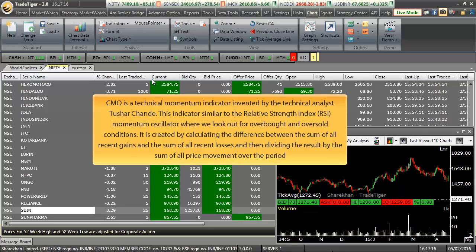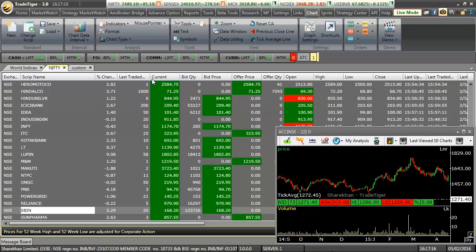Well, it is created by calculating the difference between the sum of all recent gains and the sum of all recent losses, and then dividing the result by the sum of all price movement over the period that we have calculated. So this is a brief description about the calculation of CMO.